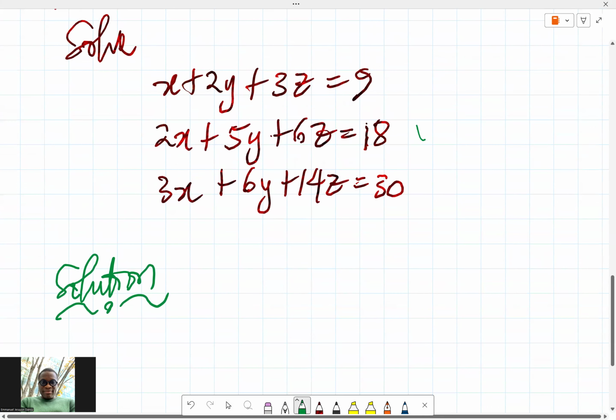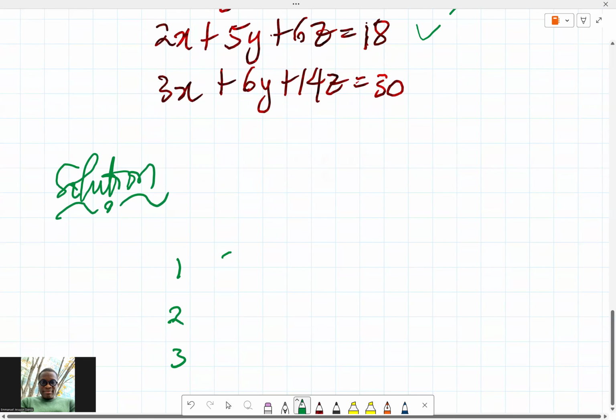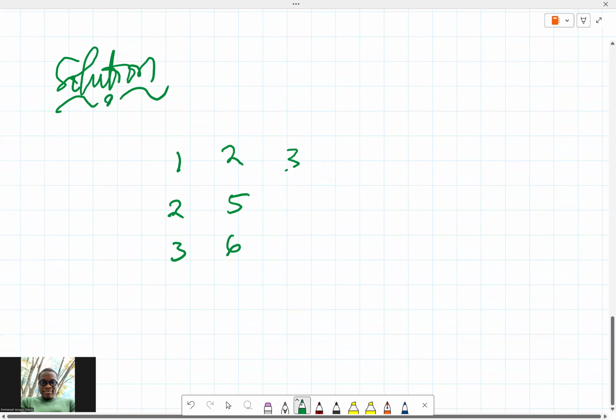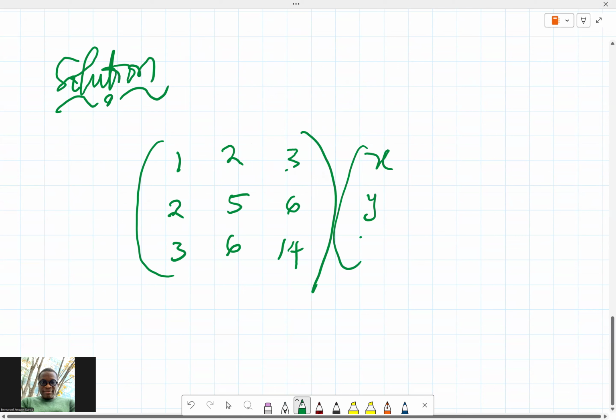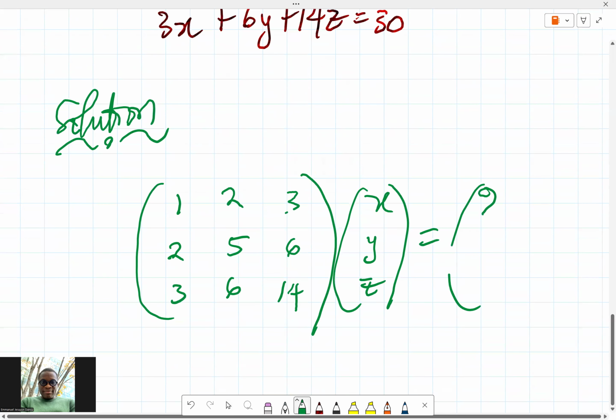Translating this into matrix form, we simply have 1, 2, 3, then 2, 5, 6, and then 3, 6, 14. Then we have x, y, z, and that is equal to the right-hand side, 9, 18, and 30.